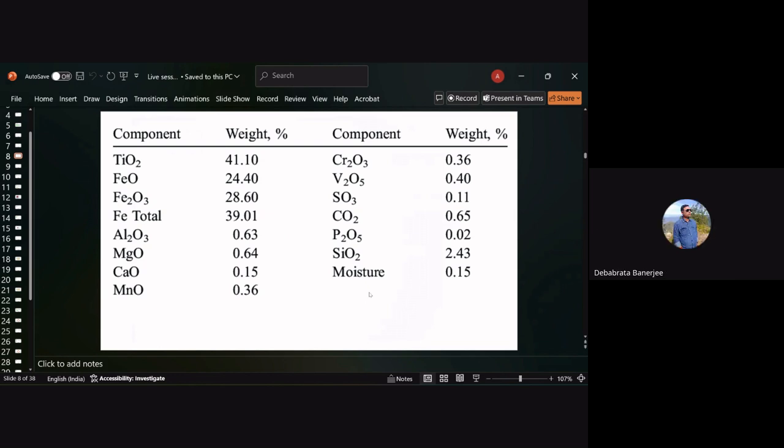Sir, this type of ore is available in which part, sir? It's there in Karnataka, in some districts. I am not quite sure which district, but it is there, and it is widely used, mainly for titanium.